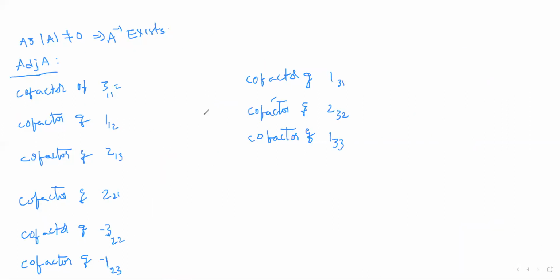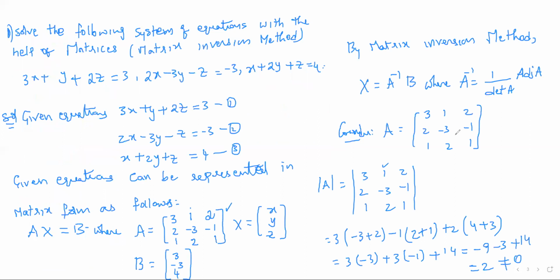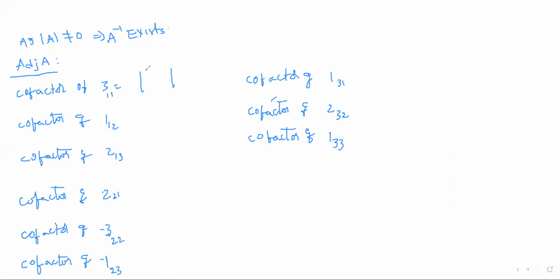Minus 1 whole square, this is minus 1 whole to the power of 1 plus 1 into, that is plus 1 only, minus 3 plus 2, minus 1 only.